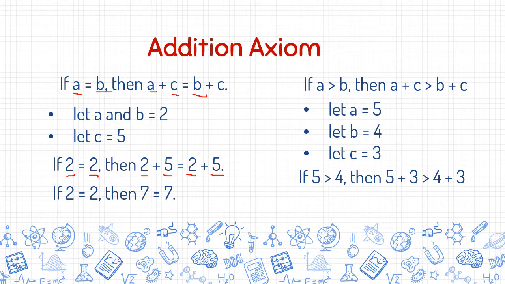If 5 is greater than 4, yes, then 5 plus 3 is greater than 4 plus 3. Let's check if the axiom is correct. So if 5 is greater than 4, then 5 plus 3 is 8. Yes, then 4 plus 3 is 7. So the axiom is correct since 8 is greater than 7.